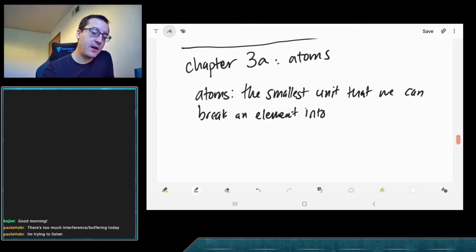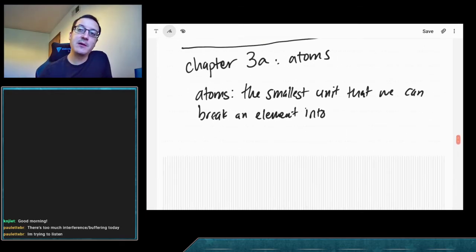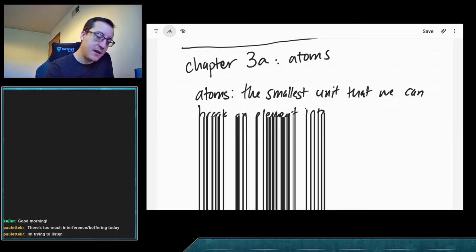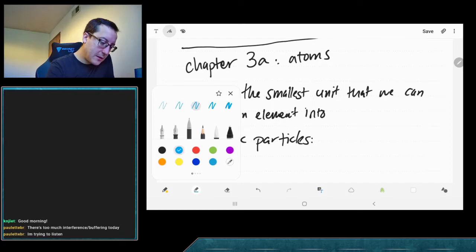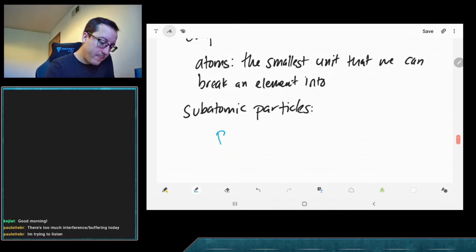All right, and we know from various experiments in science that atoms are made of a few things. They're made of what are called subatomic particles. And these are going to be the proton, the neutron, and the electron.